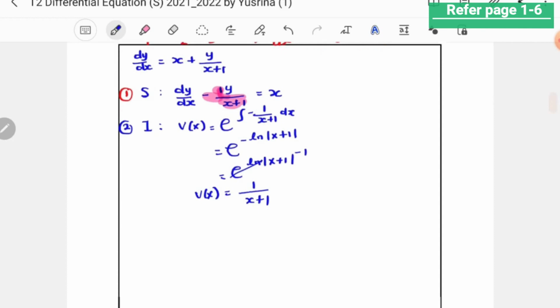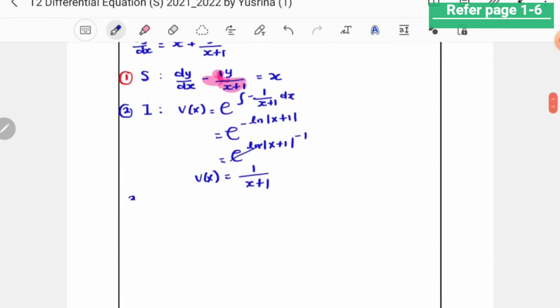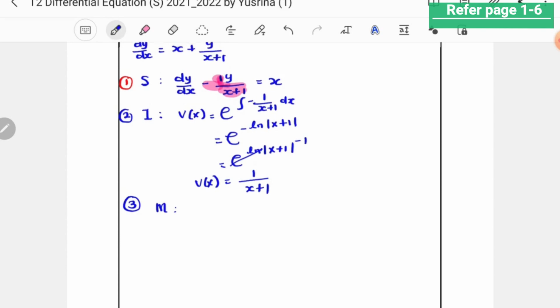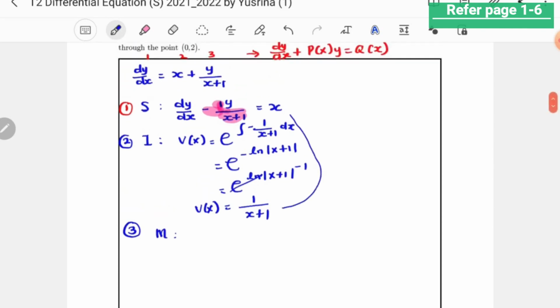So next, the third step is M: multiply your V(x) into the standard equation.